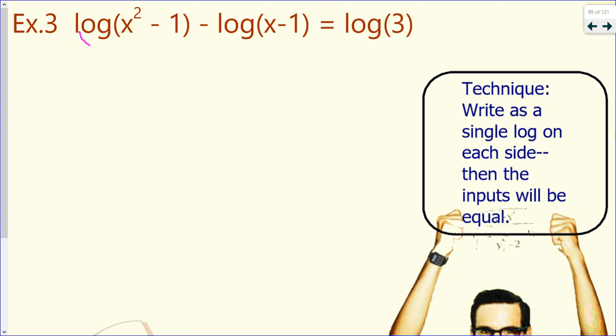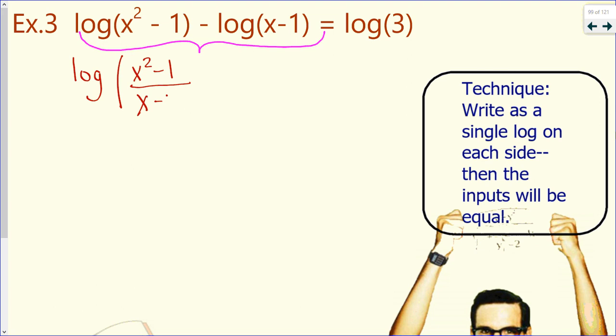So recall, when you are subtracting 2 logs, we can write those as a single log with the insides being divided, because the conversion goes between subtracting on the outside of logs to dividing on the inside of the logs, and that equals log of 3.